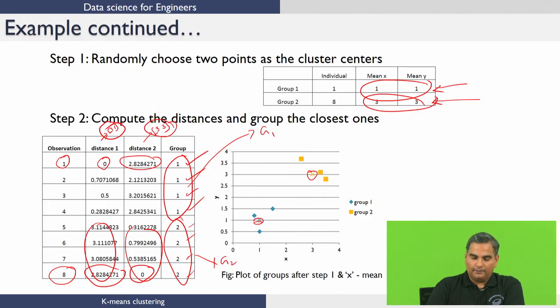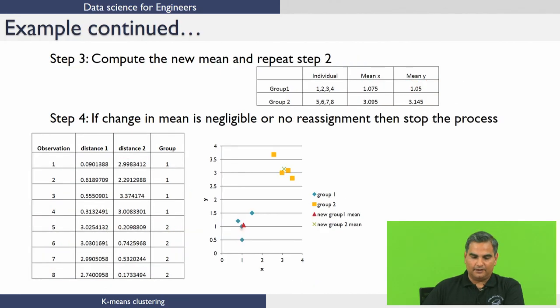So, a better representation for this group. So, initially the representation for this group was 1 1. A better representation for this group would be the mean of all of these 4 samples, and the initial representation for group 2 was 3 3, but a better representation for group 2 would be the mean of all of these points. Okay. So, that is step 3.